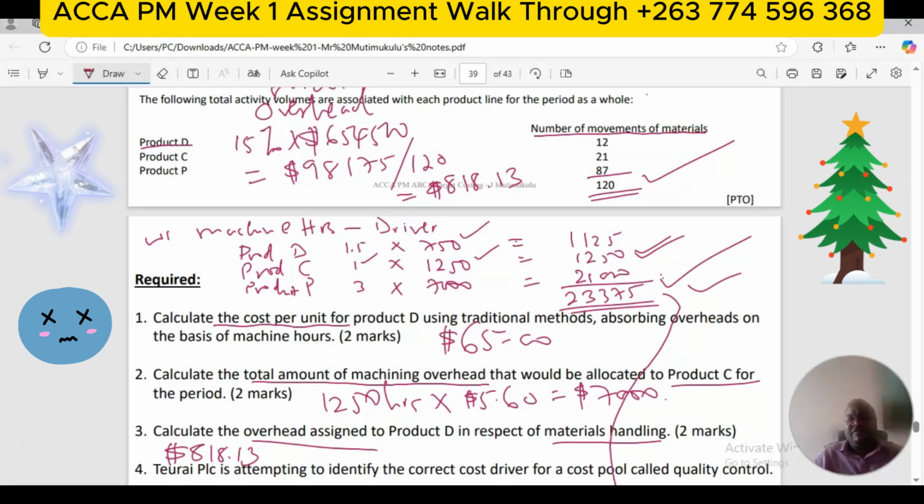We produced 750. Shall we do that? If we do that, we would have failed to understand what is going on.